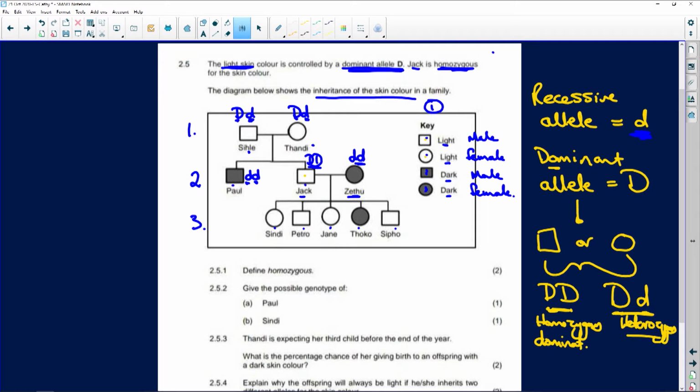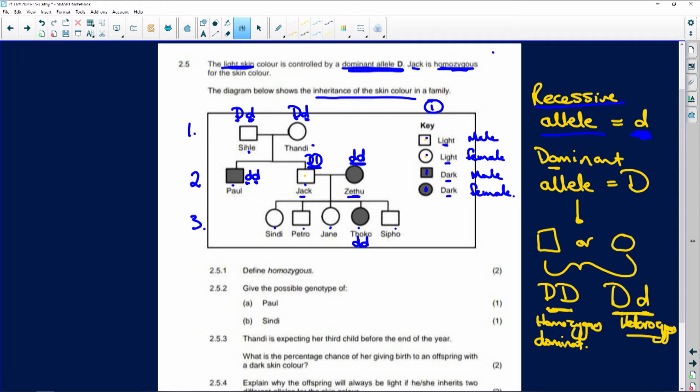Also, the first thing you're going to do is mark all your recessives, all the recessive alleles and your recessive individuals. So Toko is a female that is dark, so therefore she's going to be recessive. Also, since Jack is homozygous dominant and Z2 is homozygous recessive, it means we have a problem here.